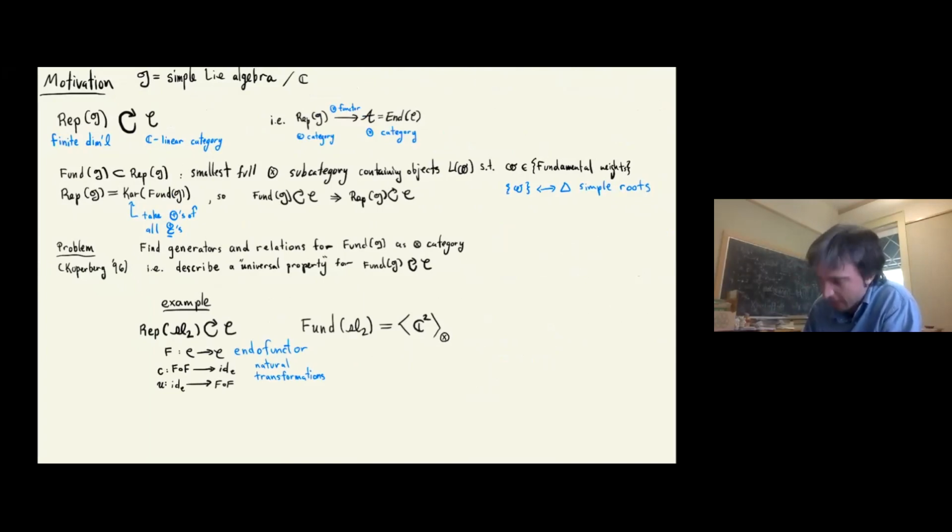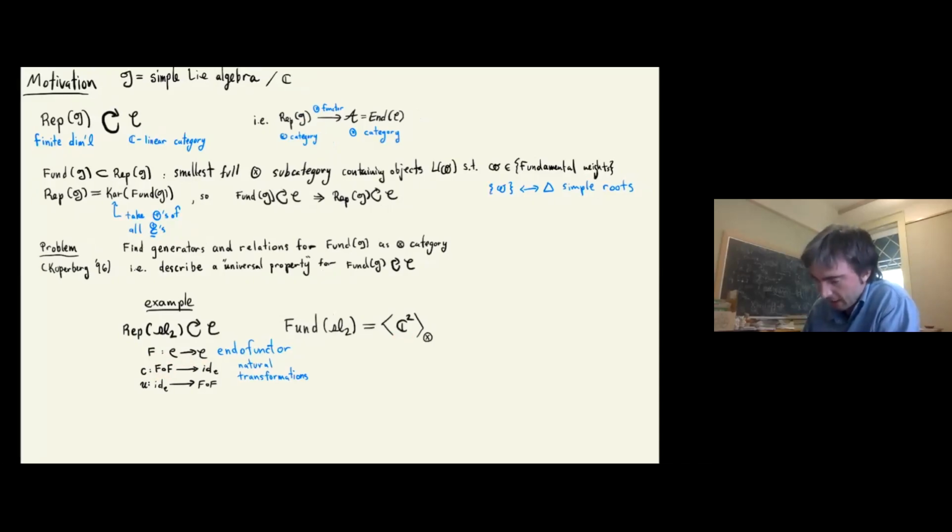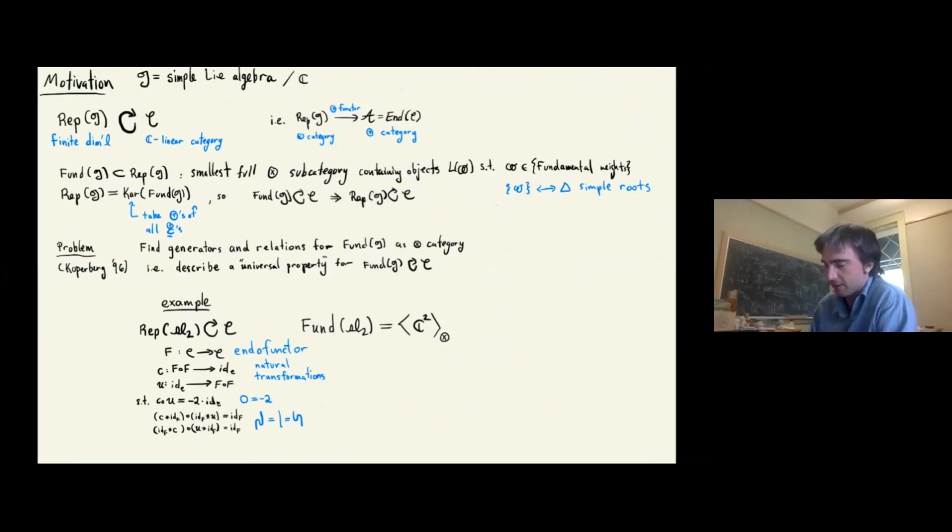In order to get a monoidal functor out of Fund SL2 into the endofunctors of C, I need a single endofunctor of C, and that's basically because there's a single fundamental representation. Then I need some natural transformations between some of the basic endofunctors. I have F, so I can compose it with itself, and I've got the identity, and I need a natural transformation forwards and backwards between these two endofunctors. I'm also going to insist that those natural transformations satisfy some relations.